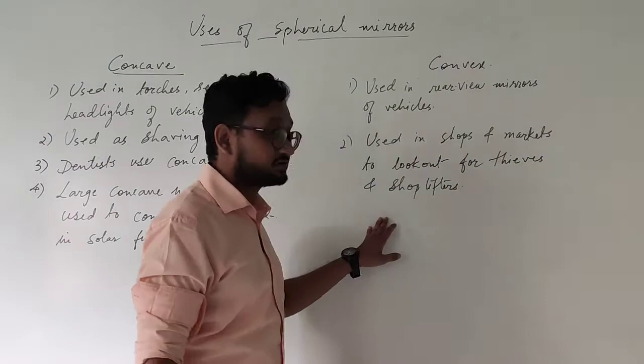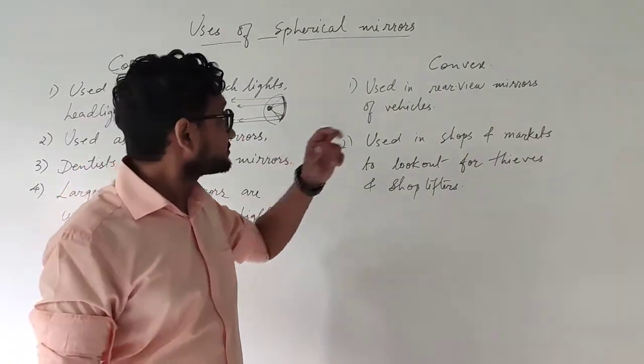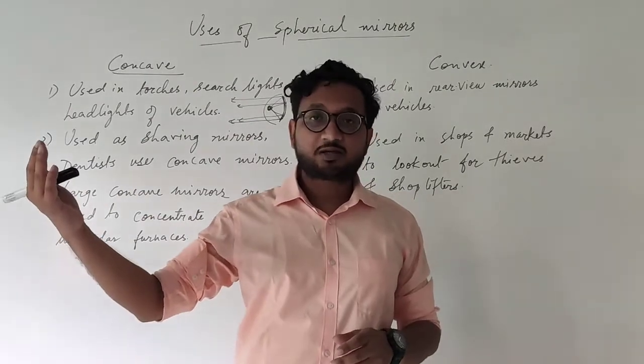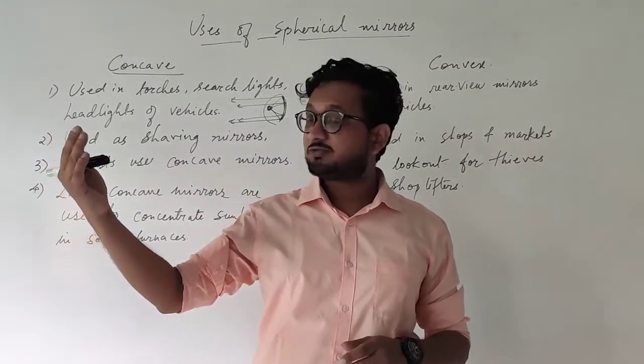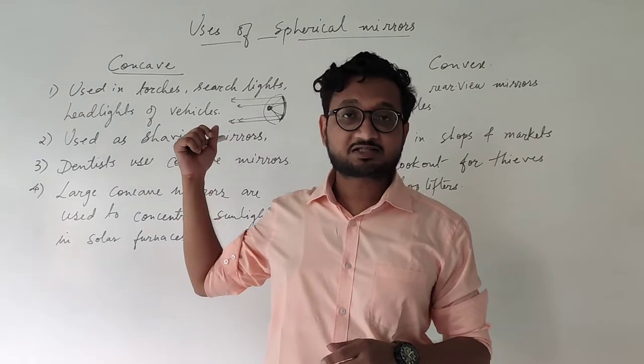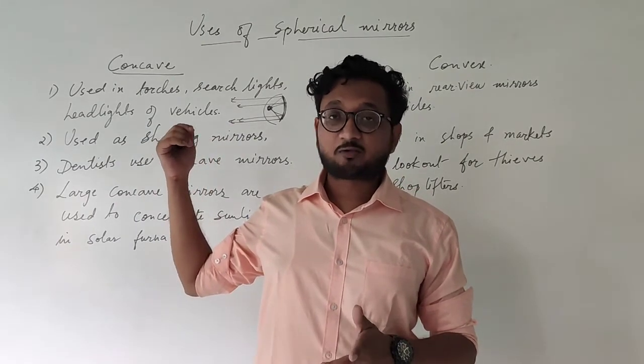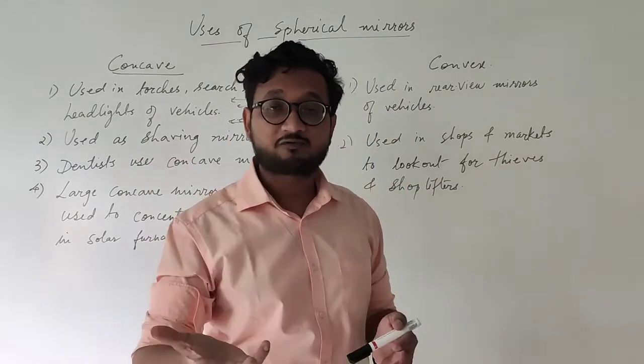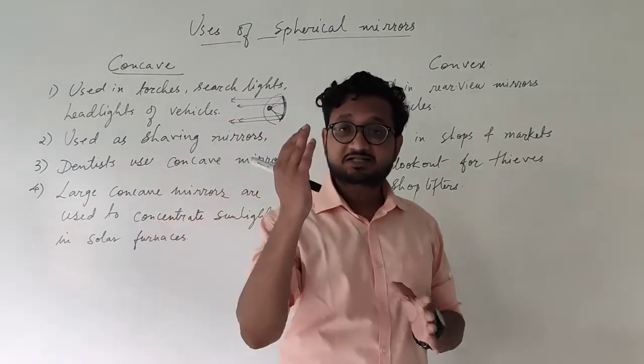Now for convex mirror, those two are very simple. Used in rear view vehicles, you might have seen that in the rear view mirror of a vehicle, you will see that the vehicle behind, whether it is a truck or a large car or whatever, still you can see the whole vehicle inside a small mirror of your motorcycle or anything, because it is curved.